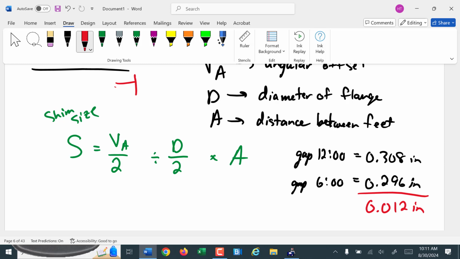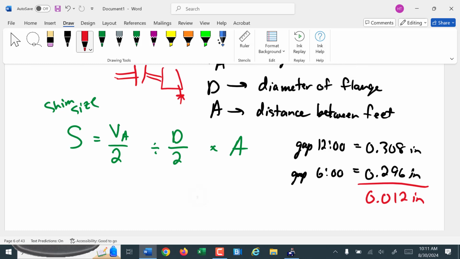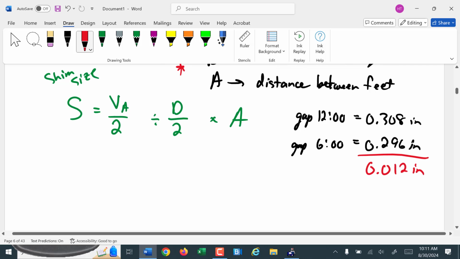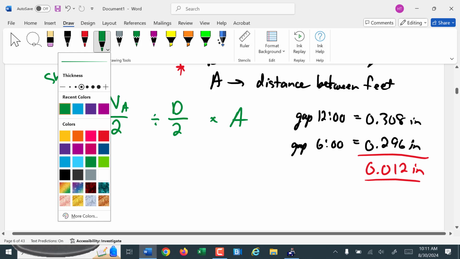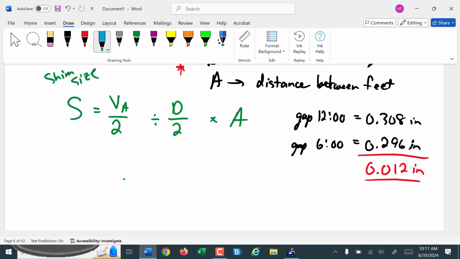A little bit of an off-topic question, but, well, not off-topic, but not a math question. Which foot do I have to shim, the near foot or the far foot? So the gap is wider on top. I need the rear foot or the far foot has to go up, yes. So that is my vertical angular offset.